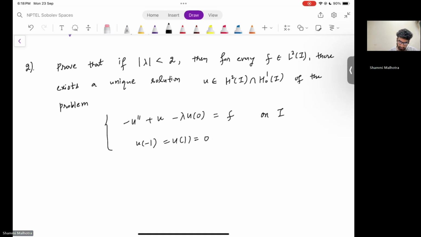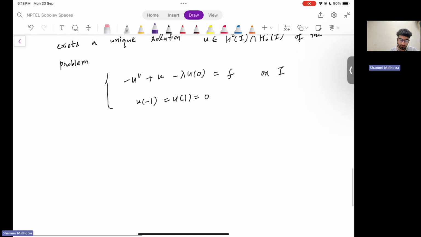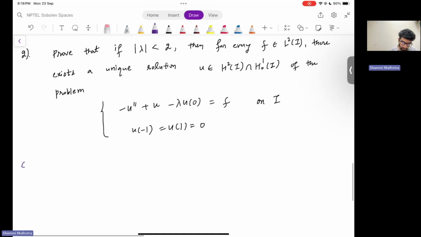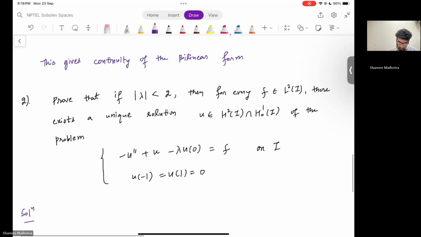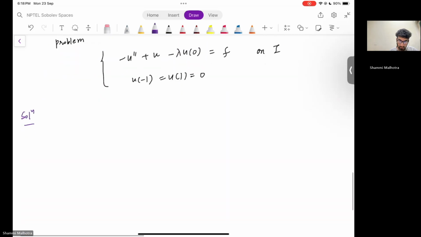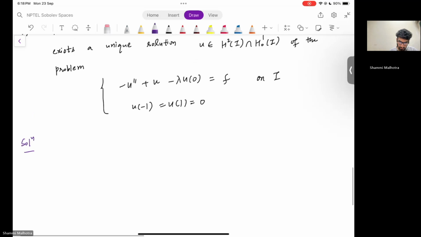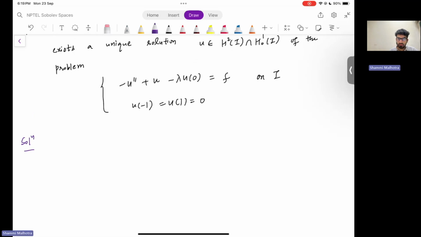Clearly we can associate one bilinear form to this problem, which is the one I've considered above.